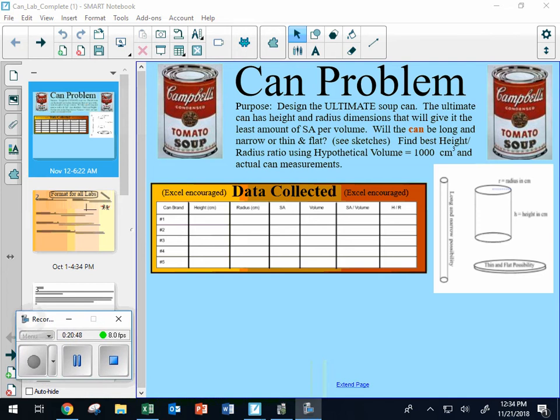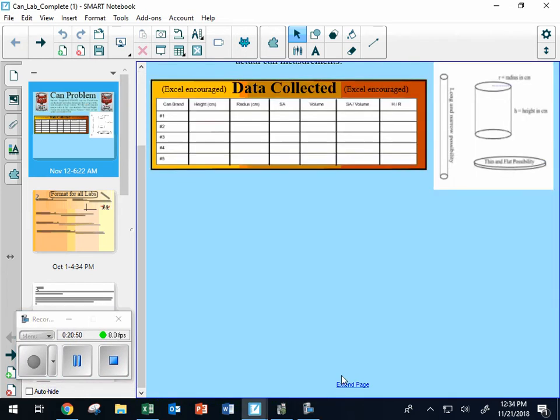The two pieces of information that we need are, how do you find the volume of a cylinder or a cylindrical prism? And how do you find the surface area of a cylinder?